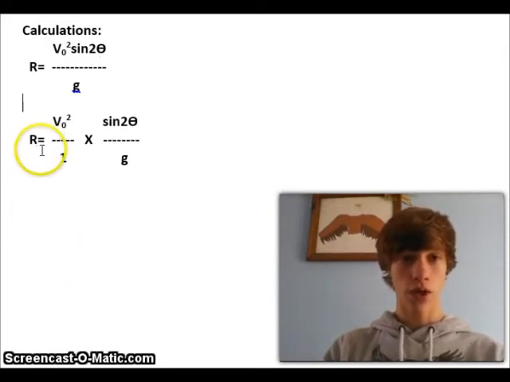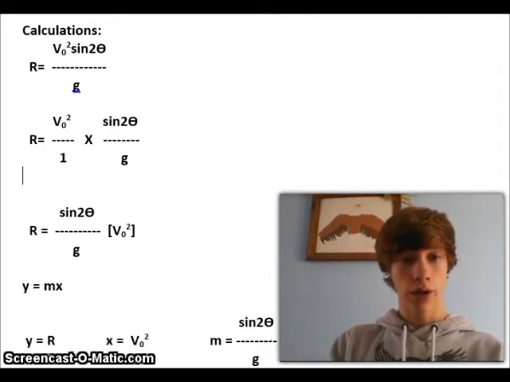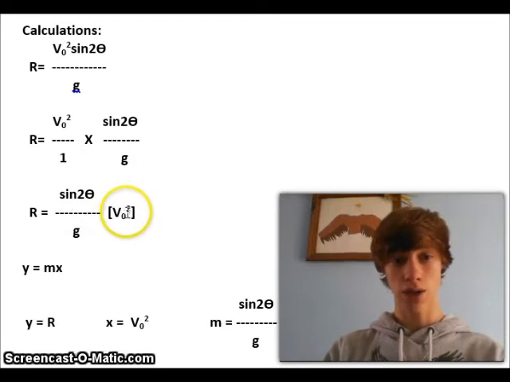So here we have range equals the initial velocity squared divided by 1 times sine 2 theta divided by gravity. This allows us to create a linear equation where y is the range, sine 2 theta divided by gravity is the m, or the slope value, and initial velocity squared is the x.